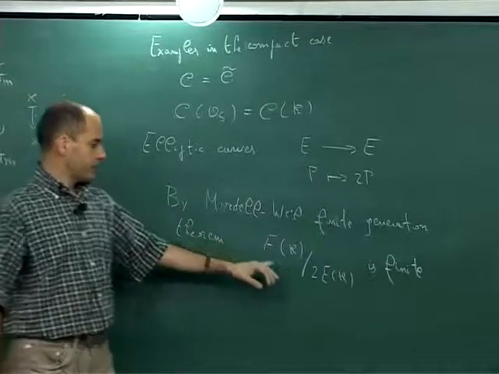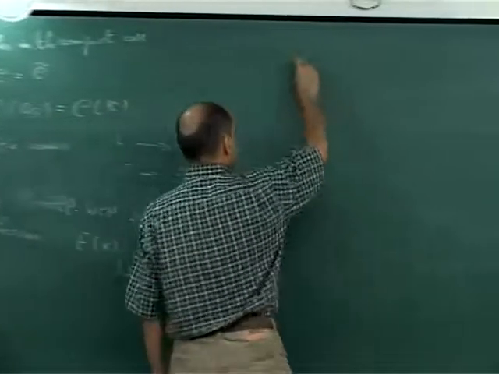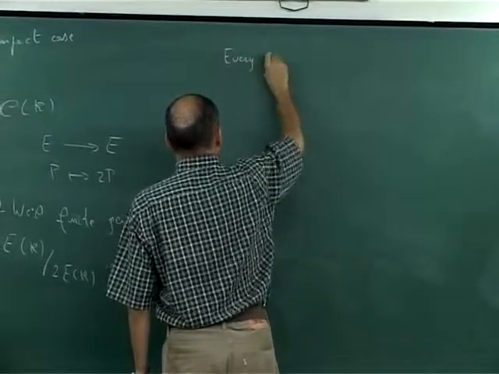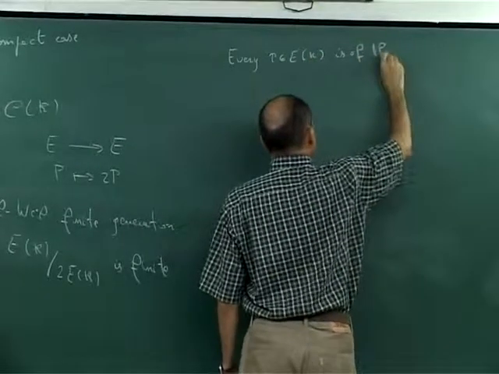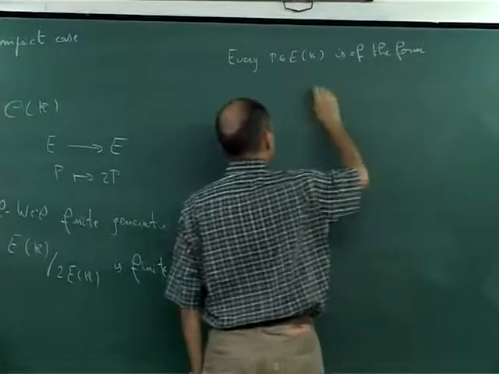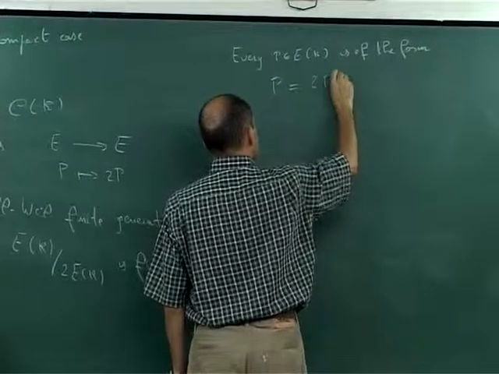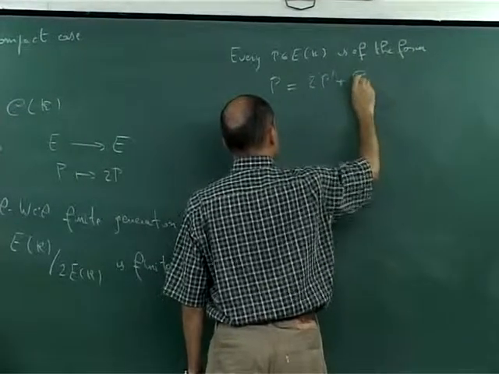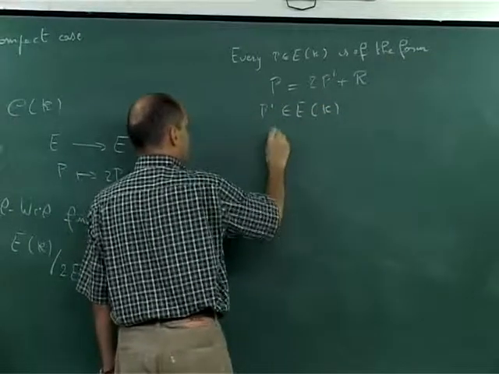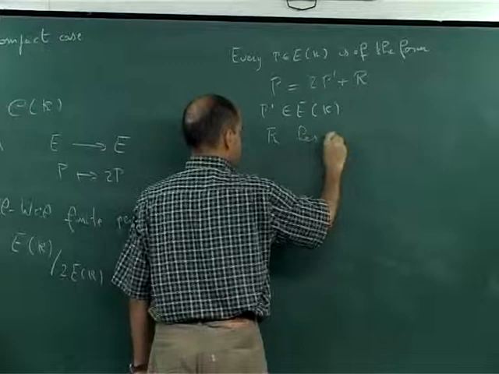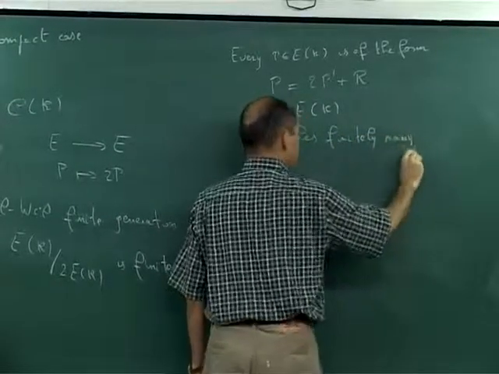So again, every point P in E(K) is of the form P equals twice P prime plus R, where P prime is again rational and R has finitely many possibilities.